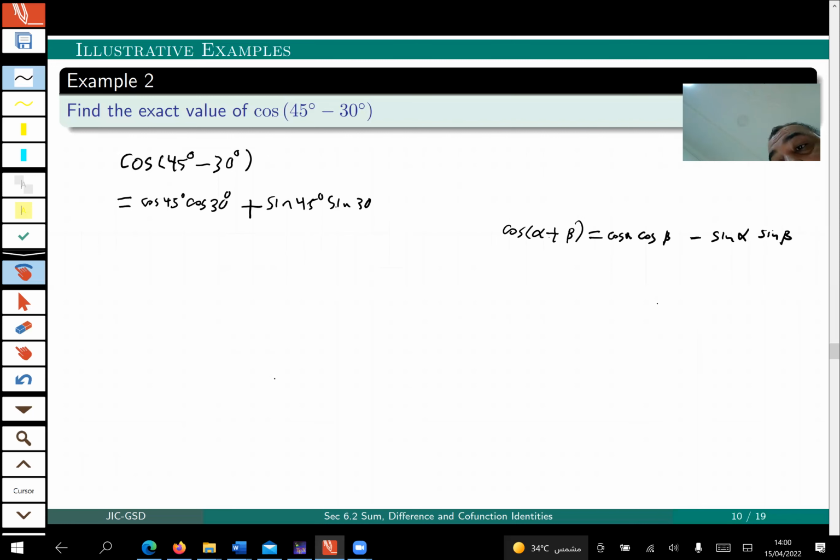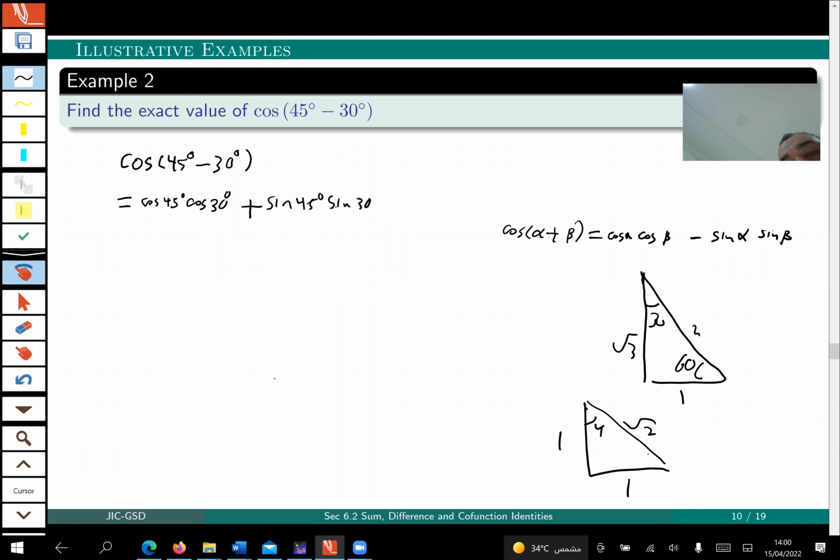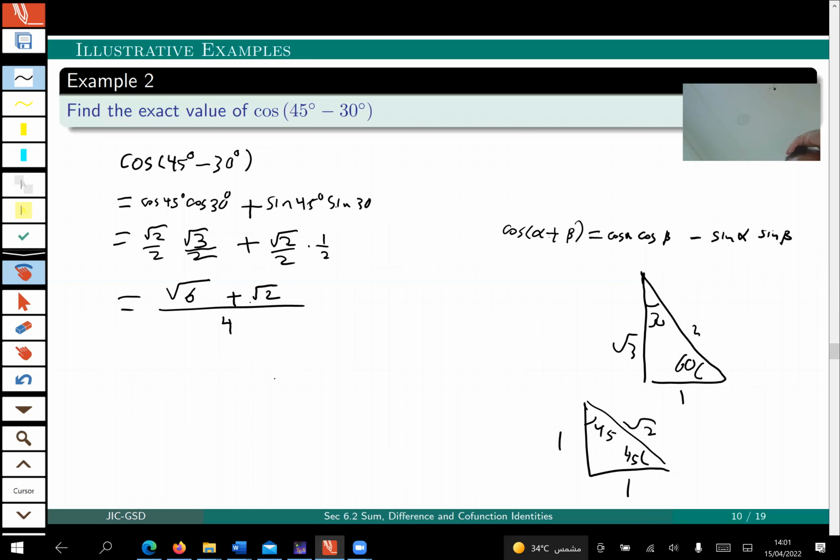Using the table, cosine 30 is root 3 over 2, and sine 30 is 1/2, with cosine 45 and sine 45 both root 2 over 2. So with the common denominator 4, we get root 6 minus root 2 over 4.